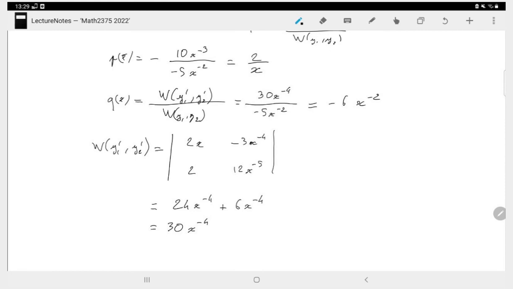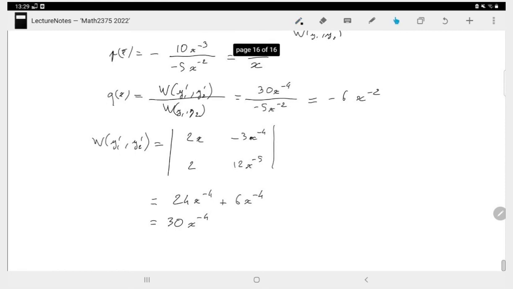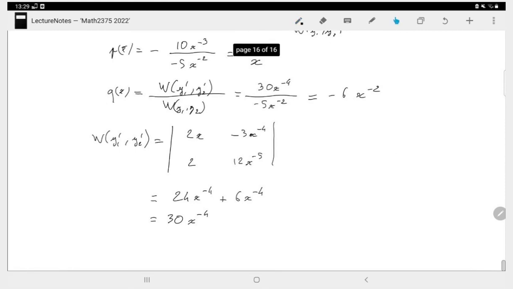And so the final equation that we get in this second problem is y double prime plus p of x, which is 2 over x, y prime. Then we get plus q of x, which is minus 6 over x squared, y equals 0. And we can rewrite this in a potentially nicer way.